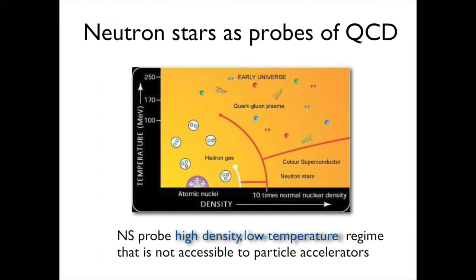But in the crust of the neutron star, the densities are lower, and the sort of science that FRIB will be able to do will start to probe some of the properties that you actually have in the crust of neutron stars. And so there is certainly overlap between the experimental work that is happening here, or will happen here, and the observations that we do of neutron stars.